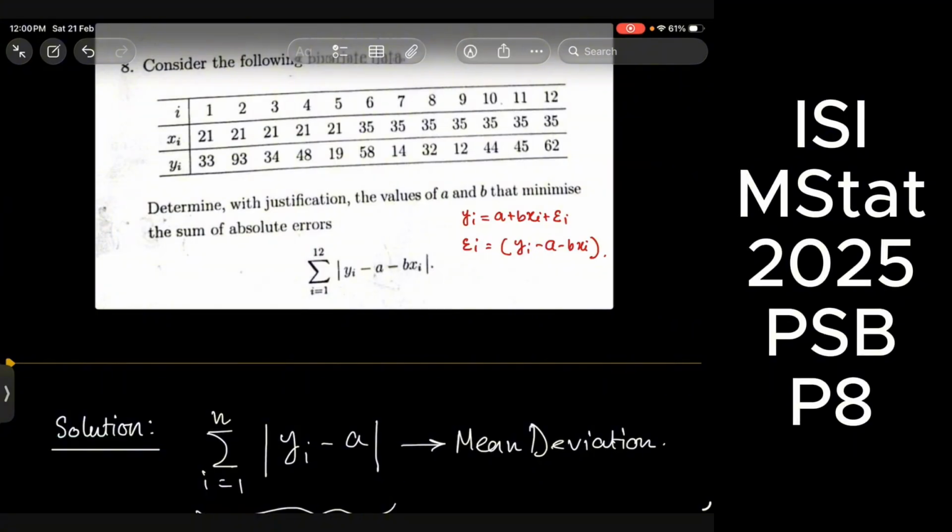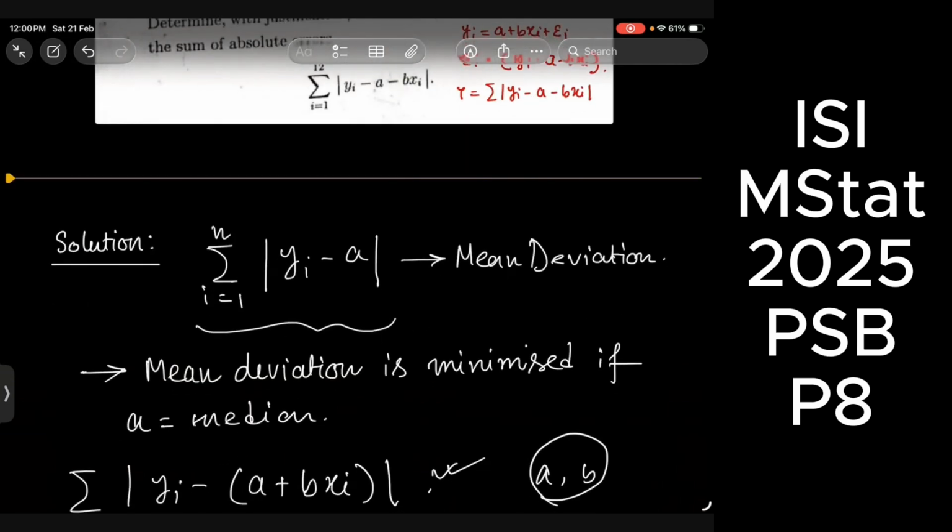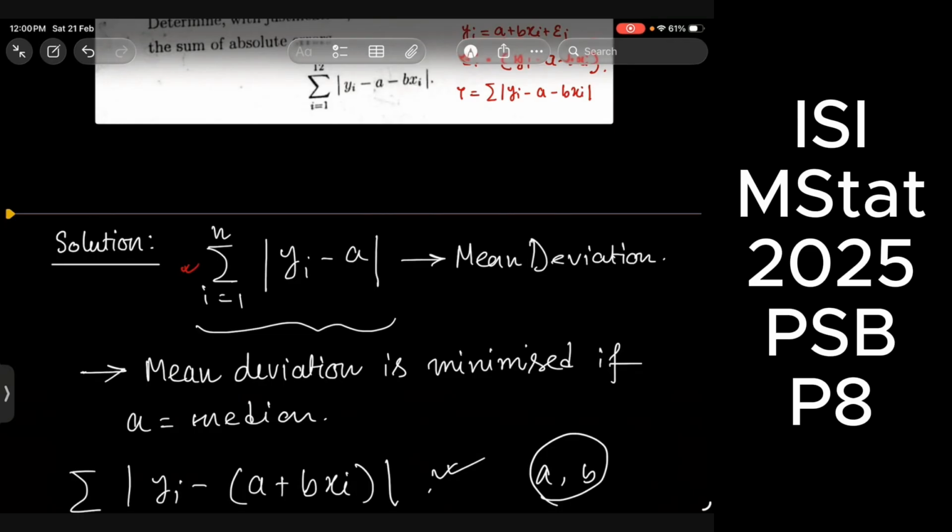And then we are actually minimizing the absolute sum of errors. So what do we call this? Mean deviation, right? So when the mean deviation is minimum, this term is the median, right? Any doubt on that?